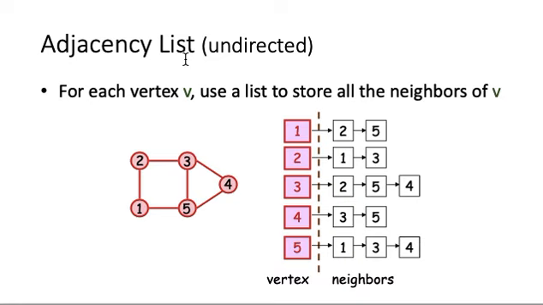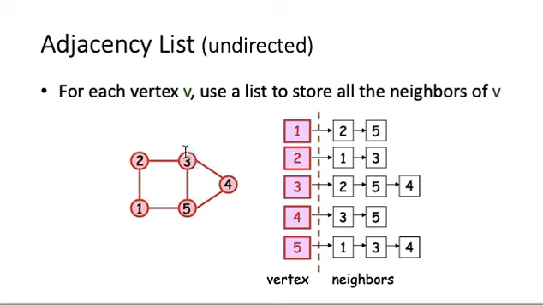Now, for the undirected graph, we can store the graph by using the adjacency list as follows. For each vertex V, we will use a list to store all the neighbors of V. Here in this graph, we have the vertices 1, 2, 3, 4, 5. So we will have a list for vertex 1, a list for vertex 2, and so on. Here we see that 1 has 2 and 5 as its neighbors, so the linked list of 1 will contain 2 and 5.